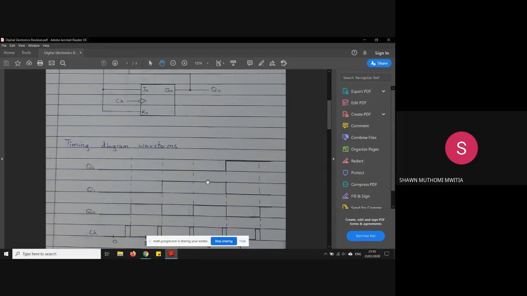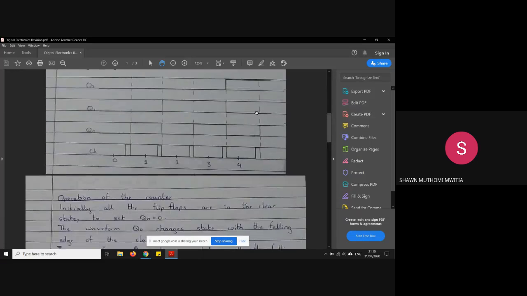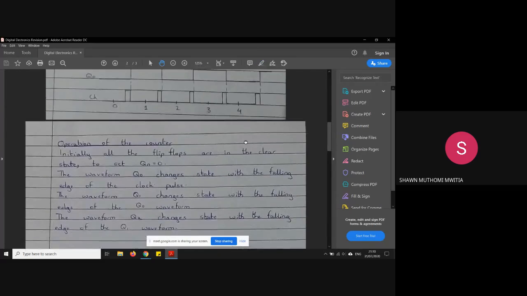That's how Q1 changes from 0 to 1 at a different rate from Q0. The same process goes on for Q2, where it's triggered by the falling edge of Q1, so it will come up when Q1 is coming down. So I've just explained the operation.